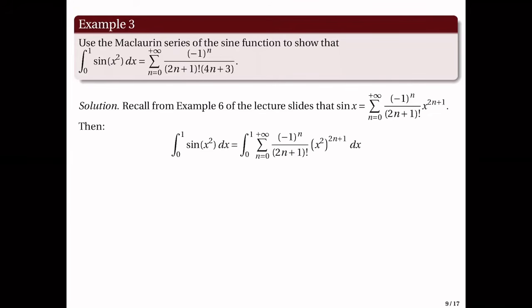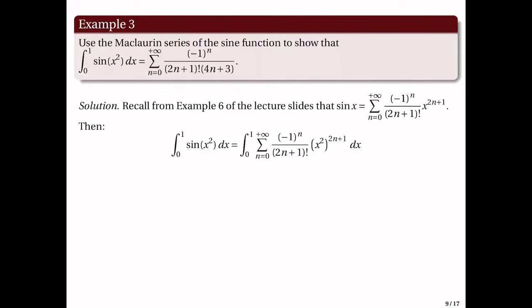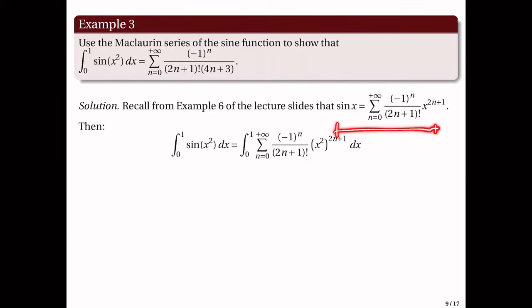Okay, so to do that, we have this. Note that using this, we can write sine of x squared as the summation from n equals 0 to positive infinity of negative 1 over 2n plus 1 factorial. And then yung x natin dito ay magiging x squared. So we have x squared raised to 2n plus 1.